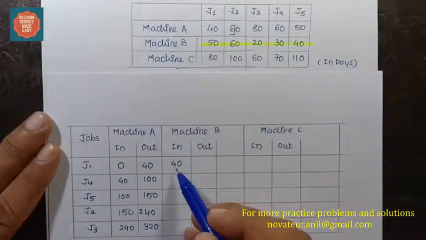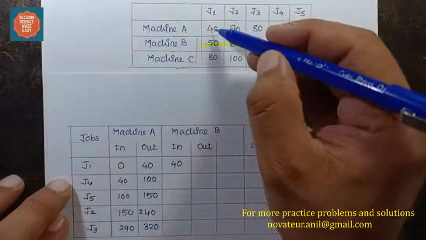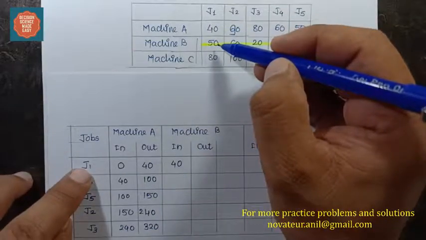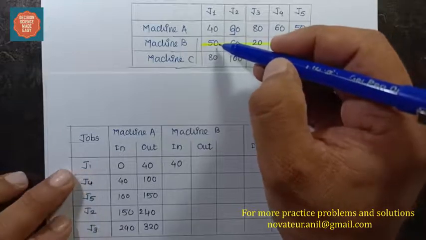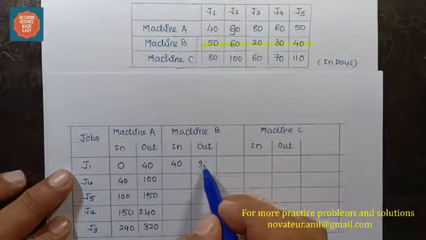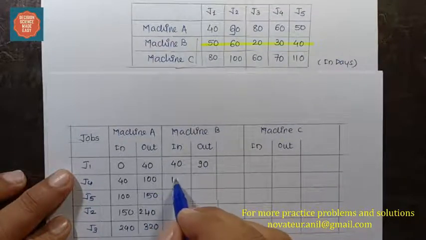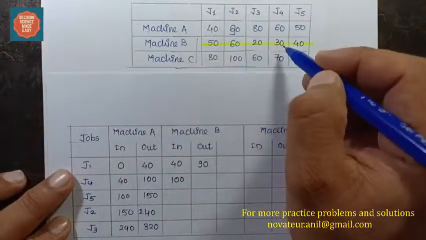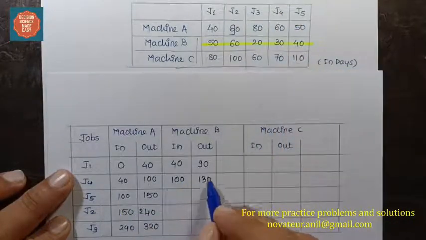J1 is 50, so 40 plus 50 is 90. Similarly, 90 and 100, the higher value is 100, so I'll put 100 here. J4 is 30, so it becomes 130.